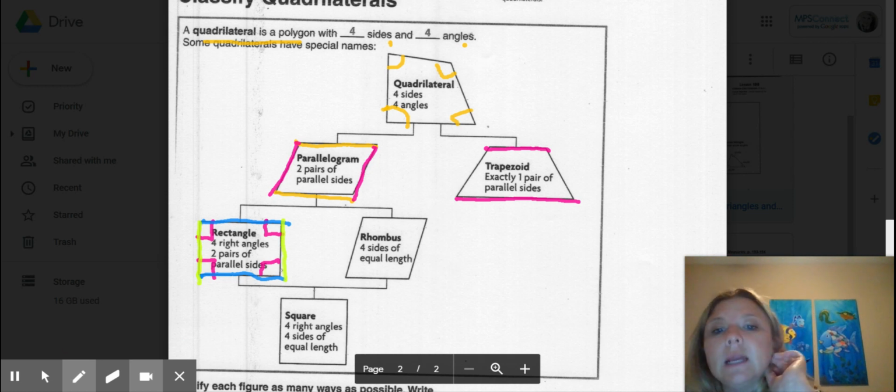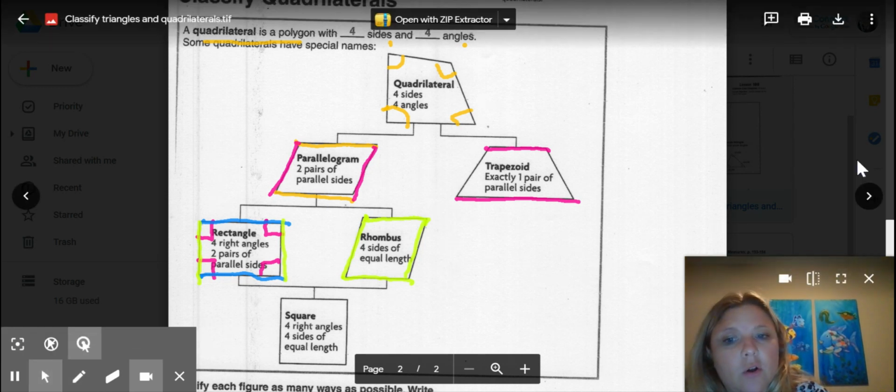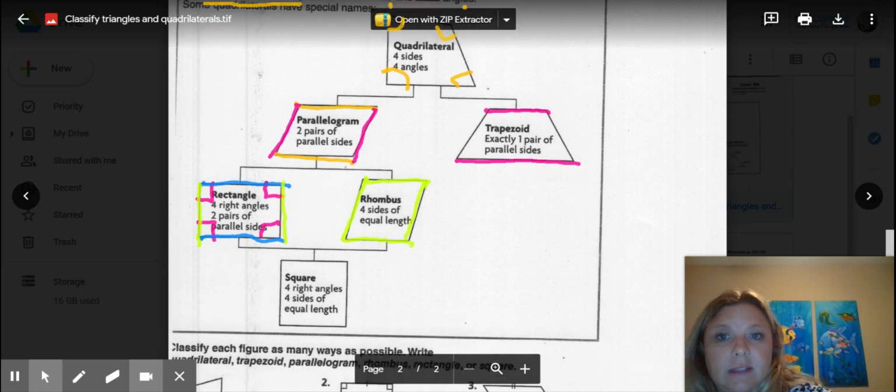Okay, a rhombus has four sides and they're equally the same, but notice how these ones kind of go at a diagonal. That's okay. They're still the same measurement. Same with this one. This is the same length as the other lines. That's called a rhombus. And last but not least, we have a square. And a square has right angles and four sides that are exactly the same.